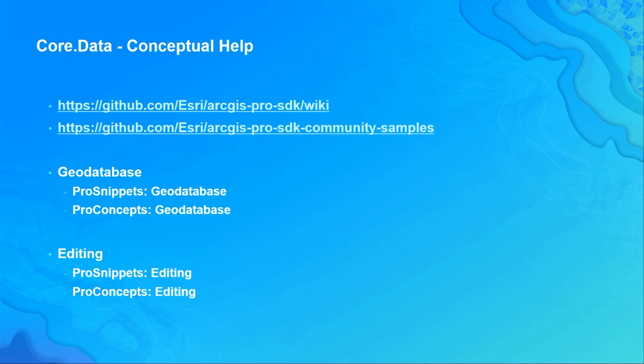So here are some links to the Pro SDK's conceptual help, along with the community examples. This is where we talk about the different patterns. I would encourage you to look at the editing SDK as well. If you are within an add-in, you should be editing with the Editing SDK. Okay.